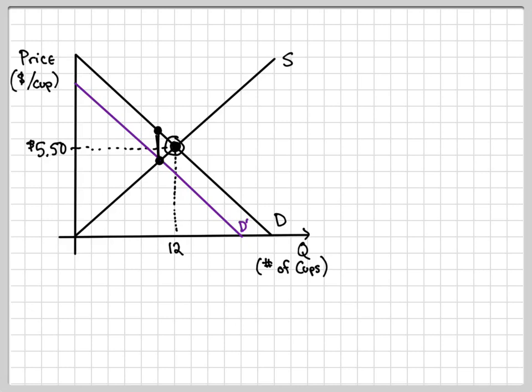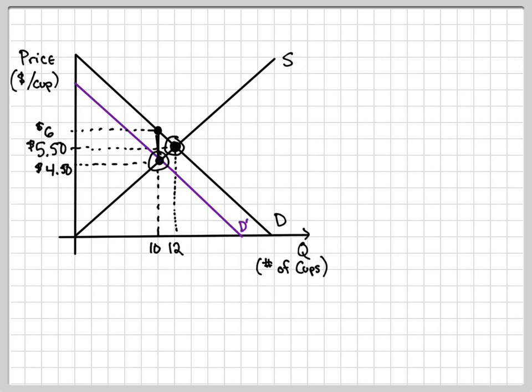So we know that supply equals the new demand curve at a new quantity, in this case, 10. And we know that sellers are going to receive $4.50 for their good. And buyers will pay $6.